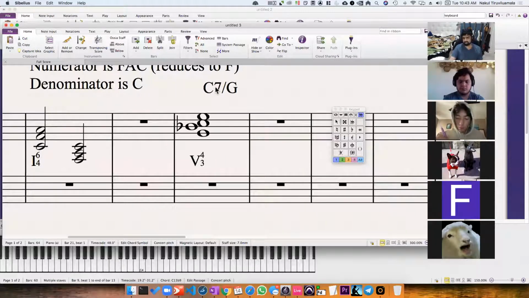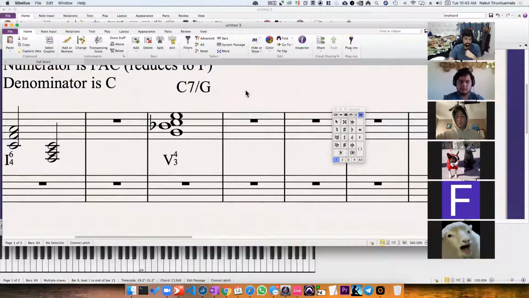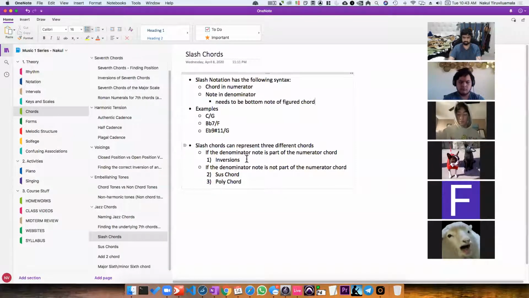So in these particular cases, what you see is that the denominator note is actually in the numerator chord. But there are situations where the denominator note is not in the numerator chord, and there are different possibilities.